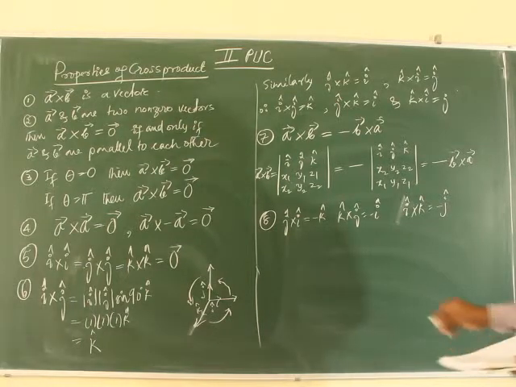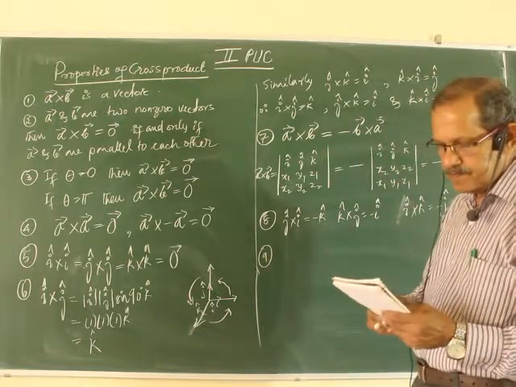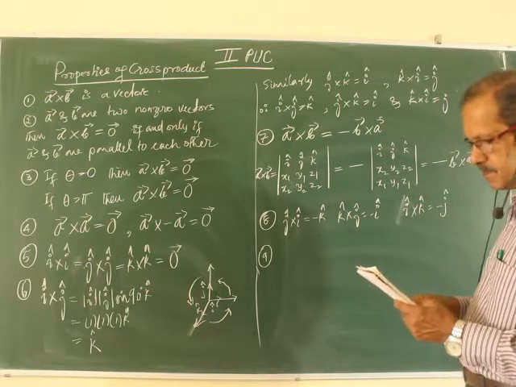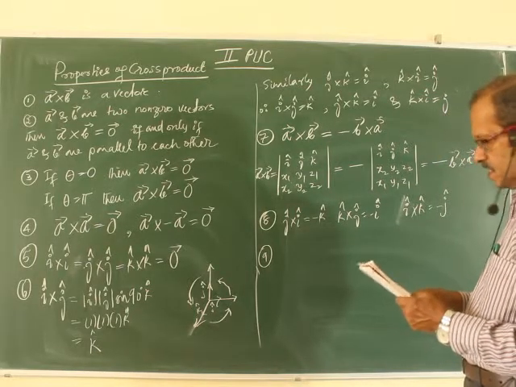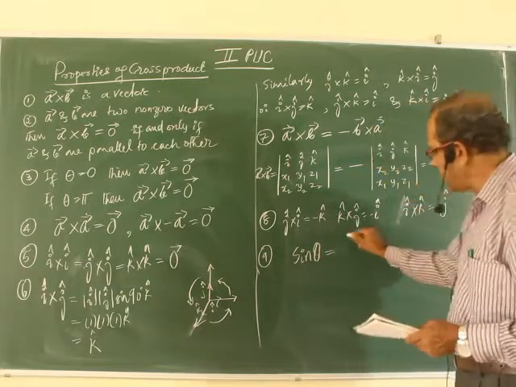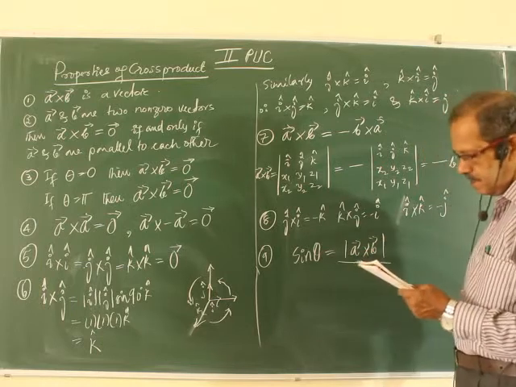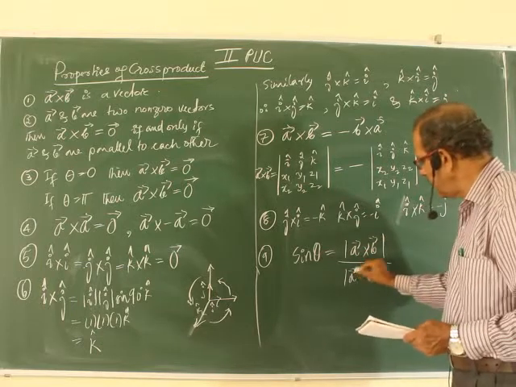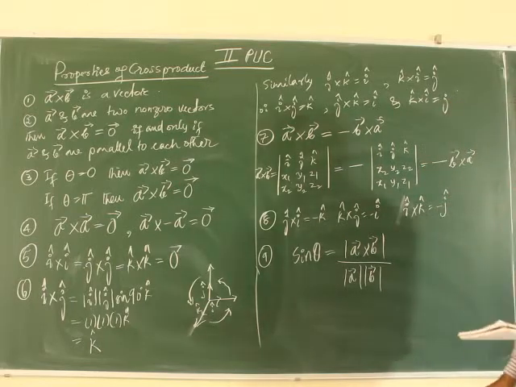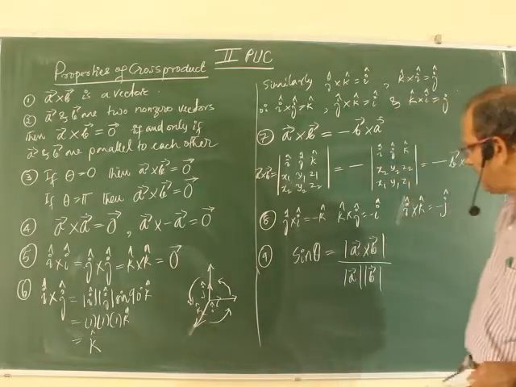Right? Ninth one. sin theta equal to, that you have written already, sin theta equal to mod A cross B by mod A mod B. You have already written this. How to find sin theta previously, how to find unit vector, that's also there. Let me write that one also.